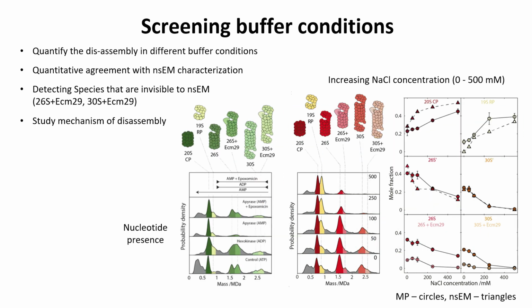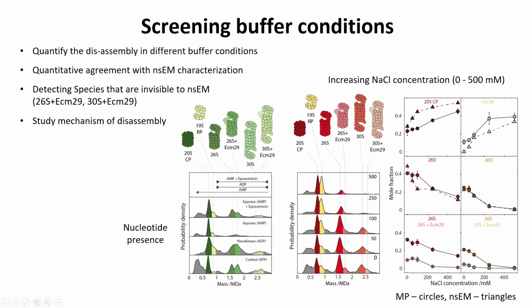As I promised, we also did it with another buffer condition where we changed the nucleotide present, and we followed the mass distribution of the proteasome. Here it's a different prep, and as a result the starting point is different, which is the control, the mass histogram here, the control at ATP.